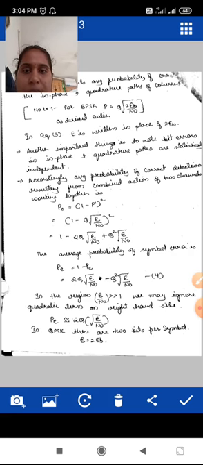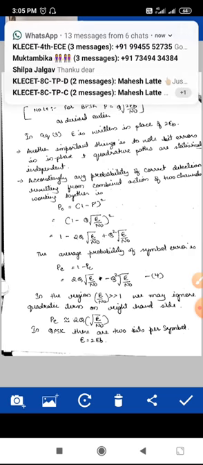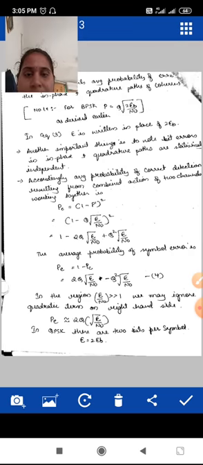When you expand this equation, you get nearly the probability of error equal to 2 times Q of root of E by N naught, neglecting the other terms in equation number 4.